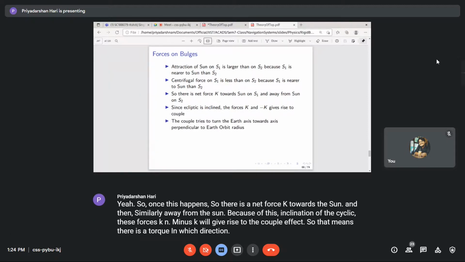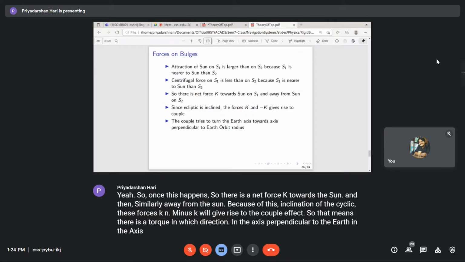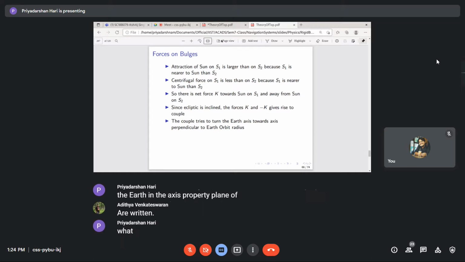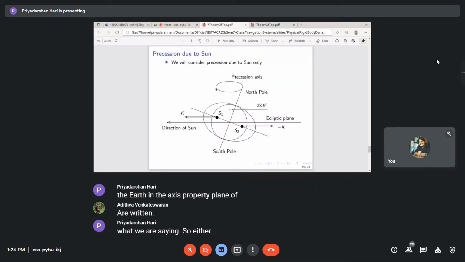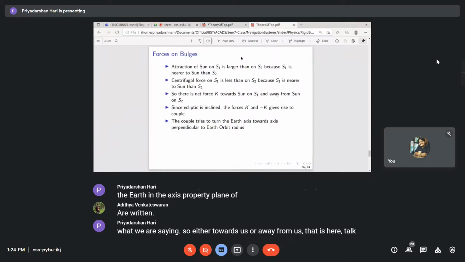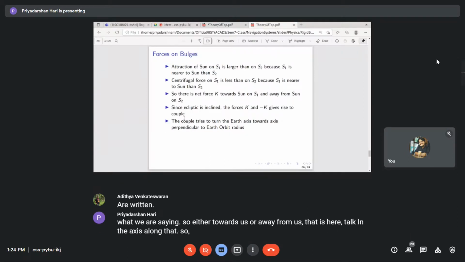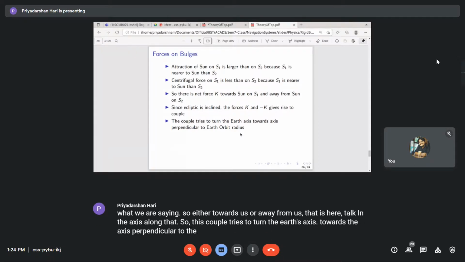In the axis perpendicular to the plane of what we are saying. So either towards us or away from us, there is a torque along that axis. So this couple tries to turn the Earth's axis towards the axis perpendicular to the Earth orbit radius.